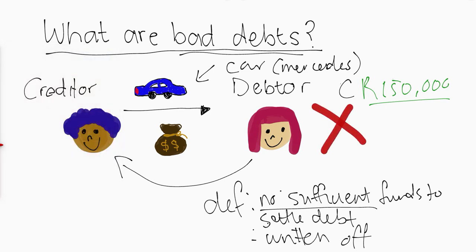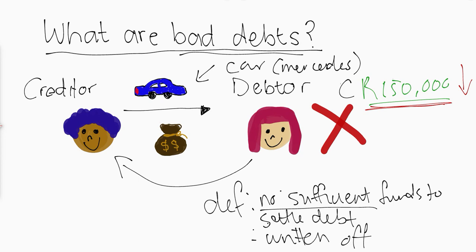This will be in the income statement and the balance sheet. You will see that the trade receivables is going to decrease by the amount of 150,000. Basically you're writing off and taking it out, saying they do not owe us anymore because they will not be able to pay us, and you will never see the money again.